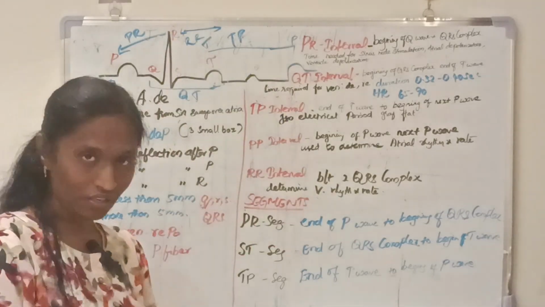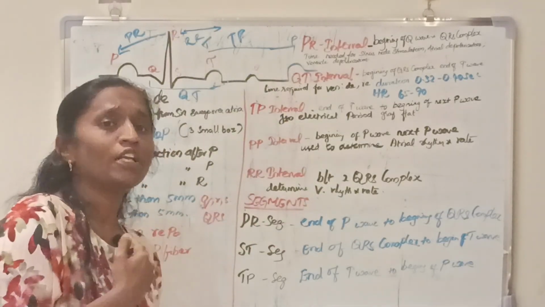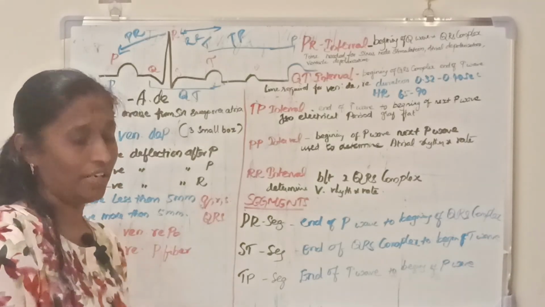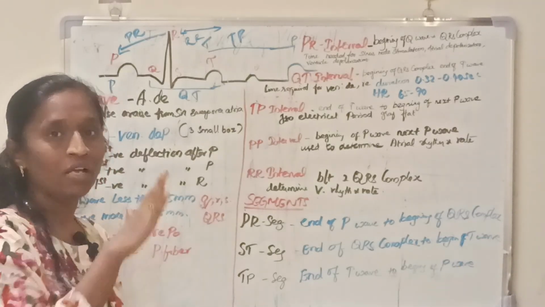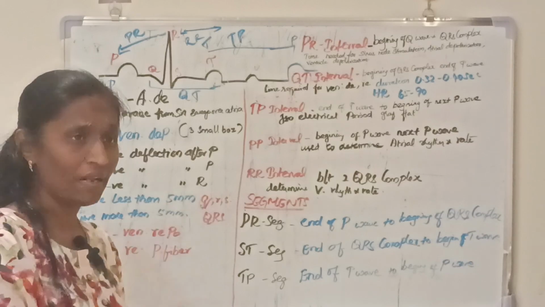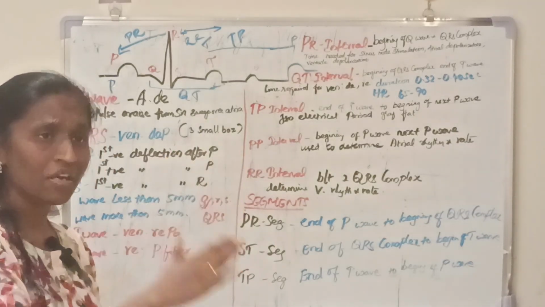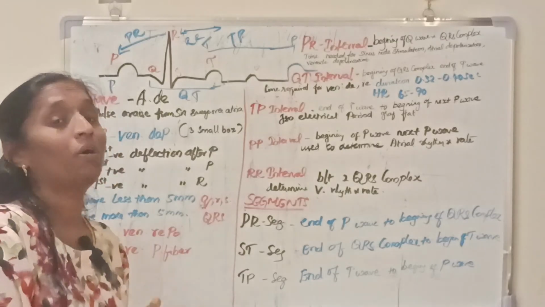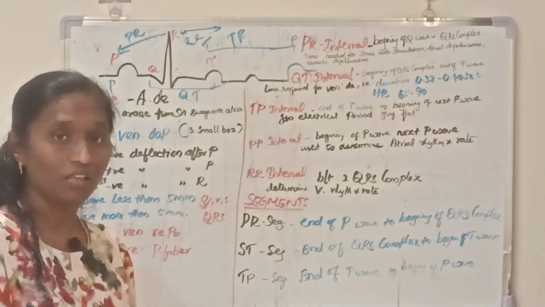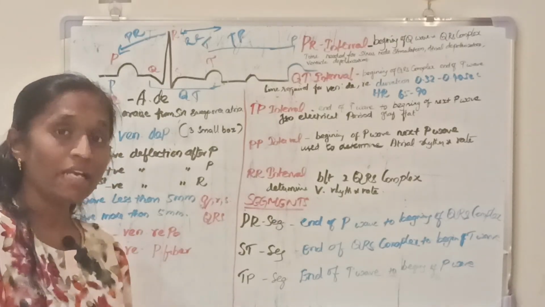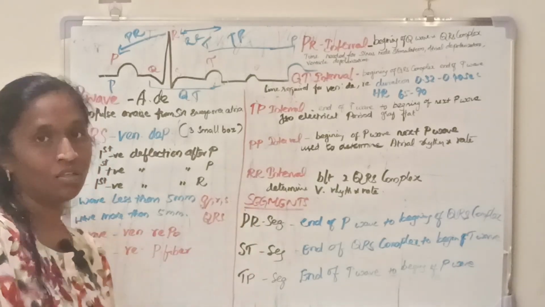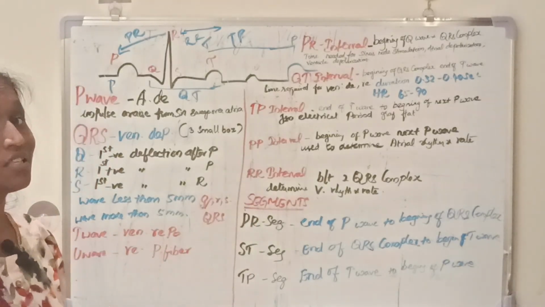With the help of that, we can determine the atrial rhythm and rate. The next is the RR interval, between two QRS complexes or two R waves. This RR interval helps us determine the ventricular rate and rhythm. These are the intervals we can see in ECG strips.